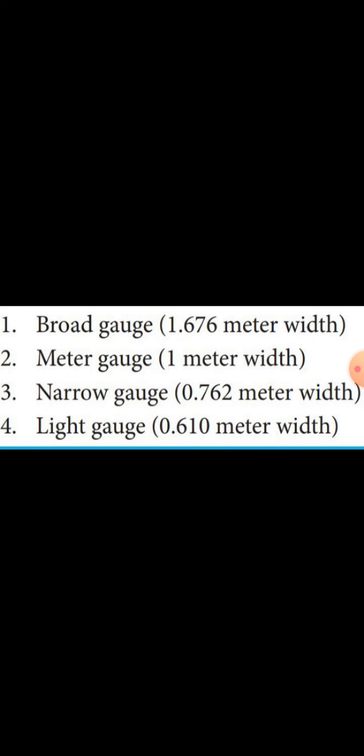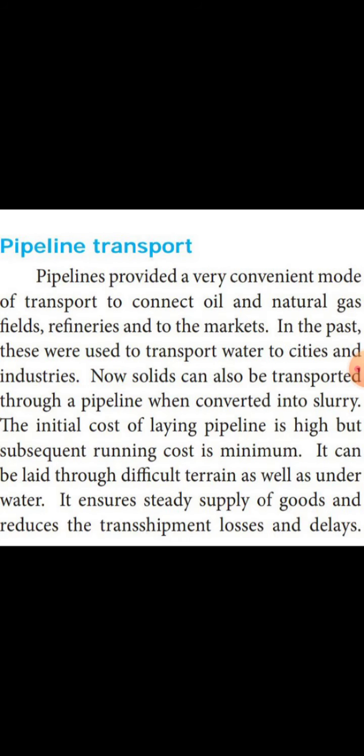Then next we learned about pipeline transport. Pipelines provide a very convenient mode of transport. Pipeline is one of the most important ways of transport. In olden days, oil, natural gas and water were transported through pipelines to the markets or other areas.